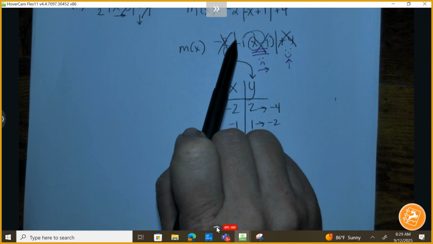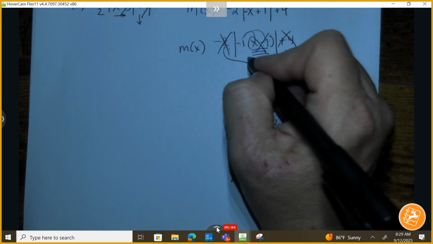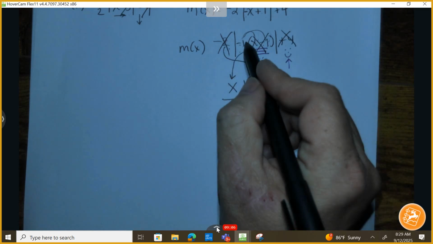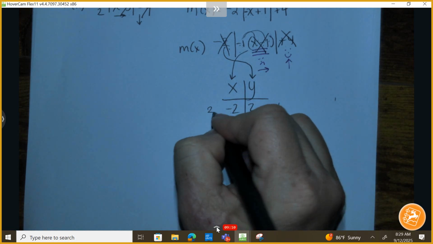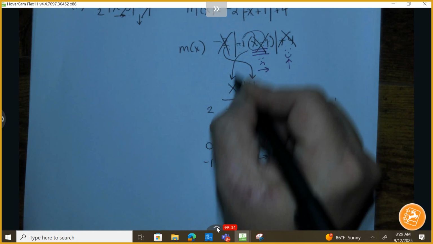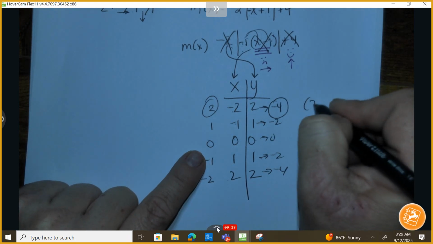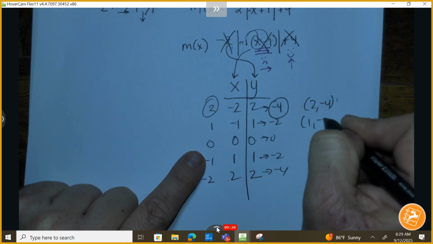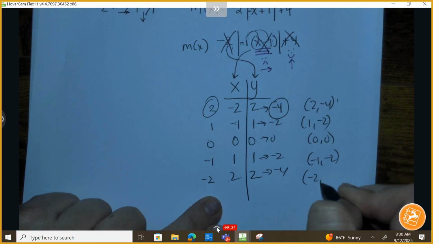Again, you always have to factor that out if it's in front of the x. What does this impact? It impacts the x's. So I'm going to take this negative 1 times the x's. Negative 1 times negative 2 is 2. 1, 0, negative 1, and negative 2. So this is my new ordered pair: 2, negative 4; 1, negative 2; 0, 0; negative 1, negative 2; and negative 2, negative 4.